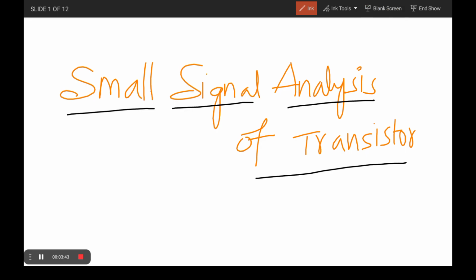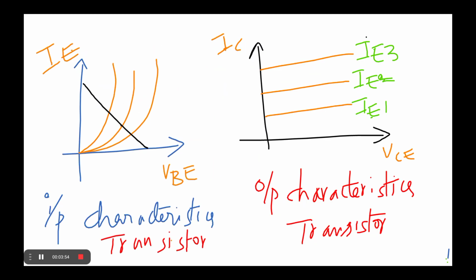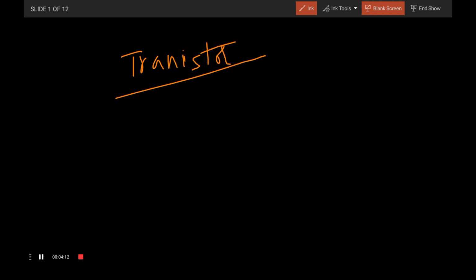So let us move on to the topic. In the small signal analysis of a transistor, let us first go through some basics. A transistor is nothing but a back-to-back connection of PN junction diodes. It consists of a base, emitter and collector. The base is lightly doped material, the emitter is highly doped material, and the collector collects the electrons.